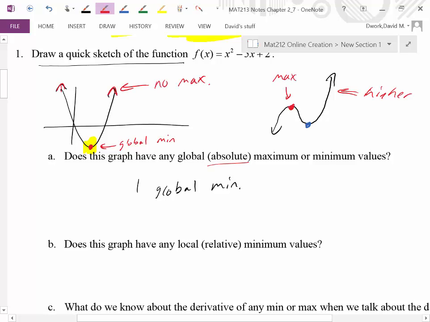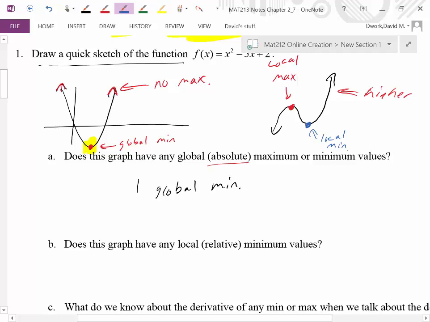So thinking of it again like the baseball player, this person is a very good baseball player, and in their neighborhood, in this area, they are the best, but elsewhere they are not. So that's why we call this a local or relative minimum, or local or relative maximum. So we have a local max and a local min.